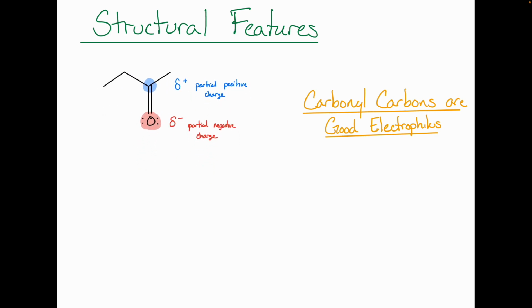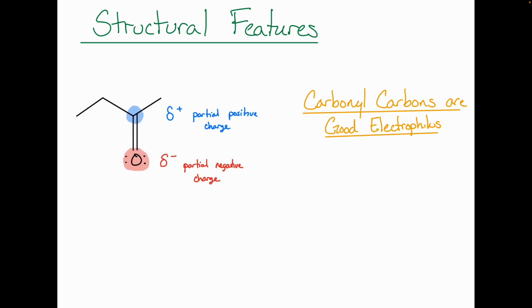All right, and so reason number one is what we just illustrated here. They are electron deficient because of that polar bond.